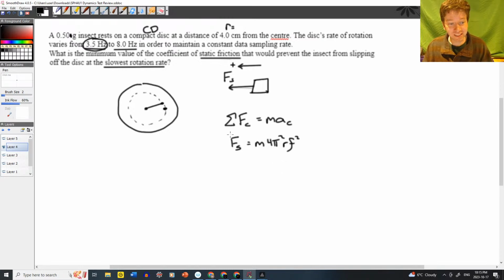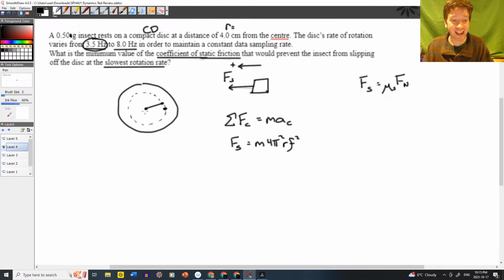Okay, now it doesn't ask us for the minimum value of static friction. It asks for the minimum value of the coefficient of static friction. So our equation for static friction, let me go over to the side here, is the coefficient times the normal force. Now, just like I said before, the normal force is going into the page. Oh, sorry, no, coming out of the page. Gravity is going into the page.